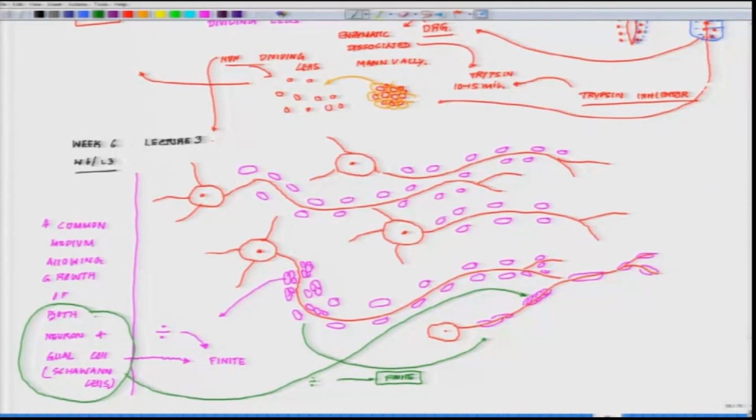You won't be able to really figure it out. How can one do so? Possibly at some point, in order to restrict the division, you may have to use something called an anti-mitotic. An anti-mitotic is something which prevents mitosis from happening.